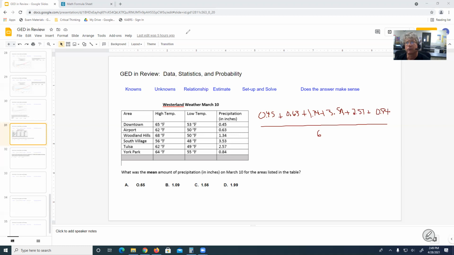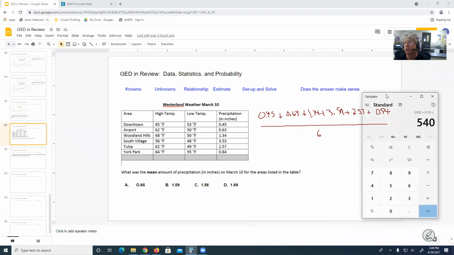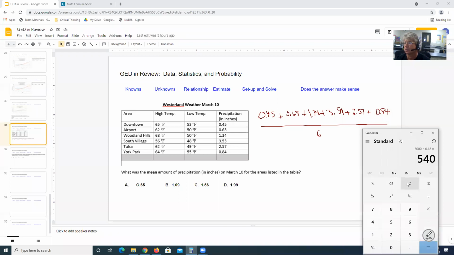So let's see what we come up with using our calculator. I have to move that a little bit. So we have 0.45. I may have to actually look at the table because I have a hard time reading my own writing. Plus 0.63 plus 1.34 plus 3.53 plus 2.57 plus 0.84.